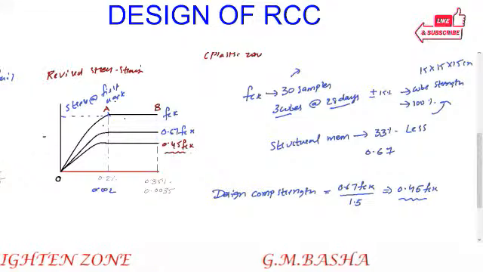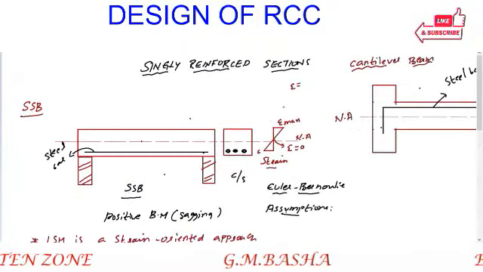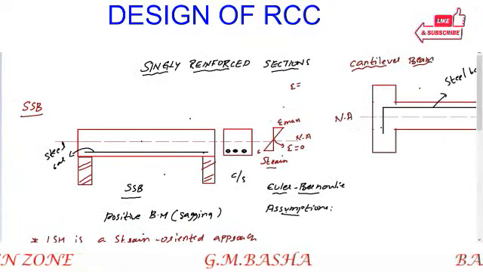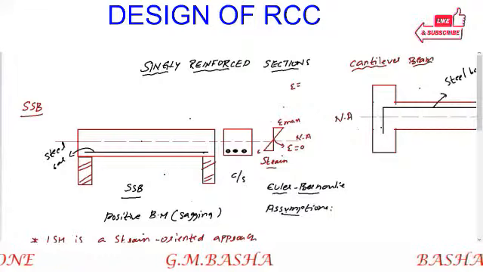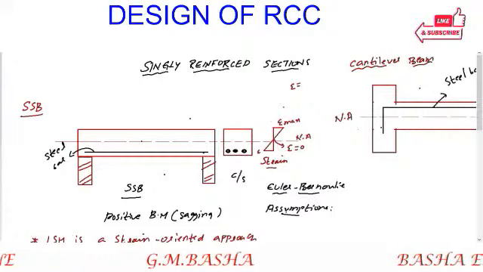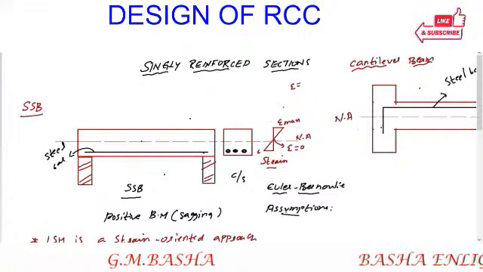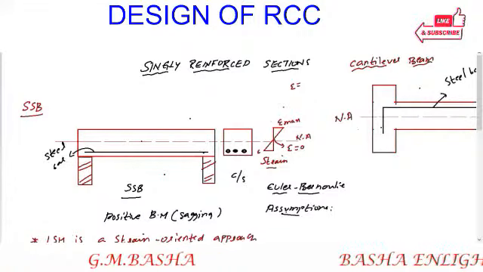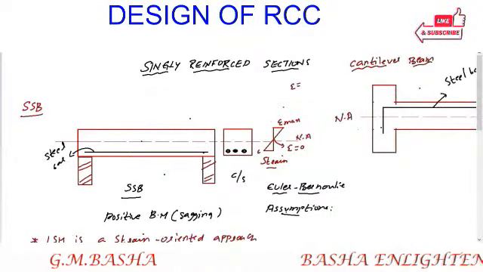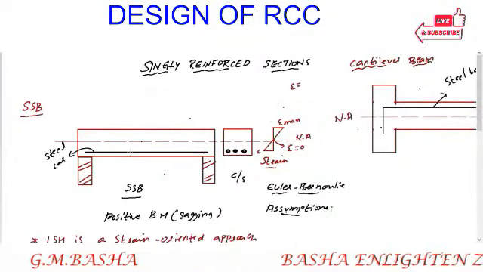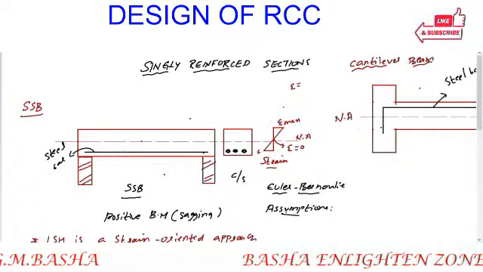Once again I am repeating the same concept briefly. What is a singly reinforced section? If the reinforcing bars are provided only on the tension side of the beam, it is called a singly reinforced section. If the reinforcing bars are provided on both the tension side and the compressive side, it is called a doubly reinforced section.